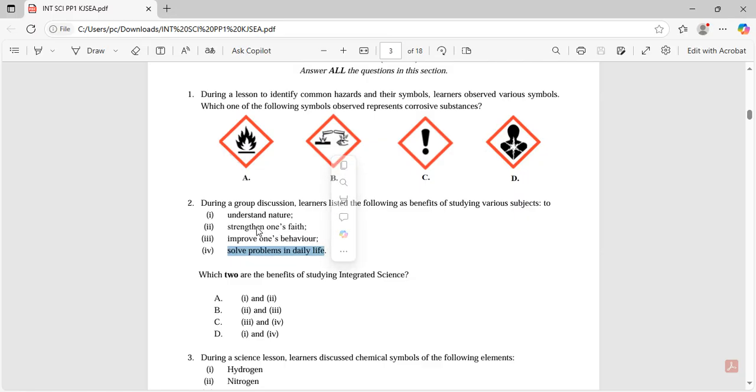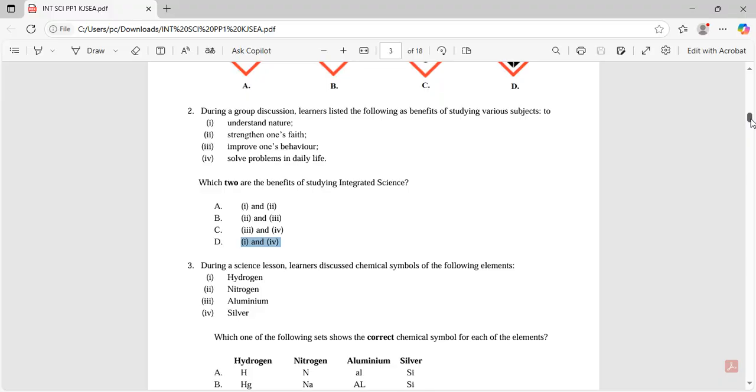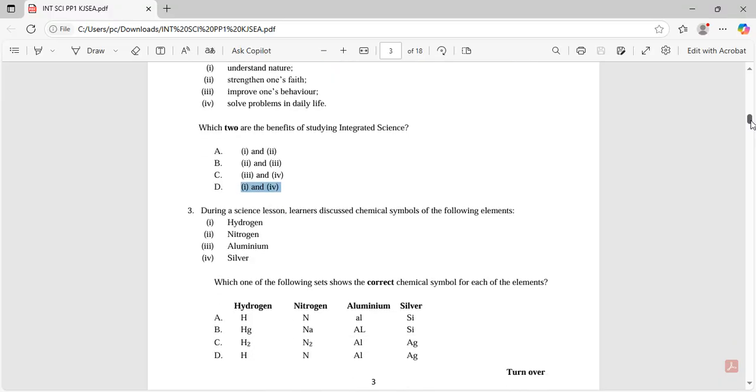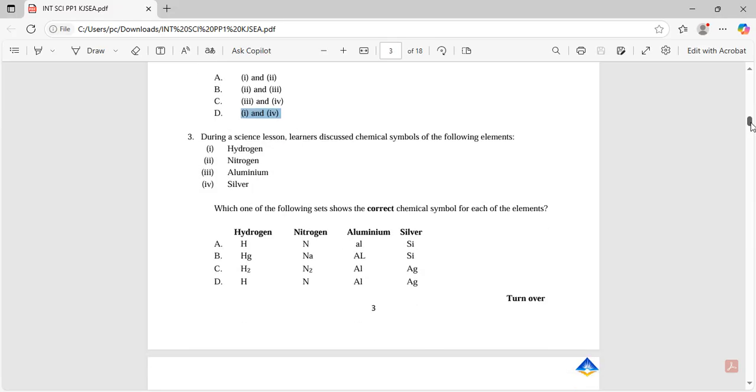Behavior, can we give behavior? No. Faith, no. So I give choices 1 and IV. So number 2, we give it D. So in case of any dispute, you can comment. Remember, you're just learning, but I guess 95 or 98, 100% of my answers are right.